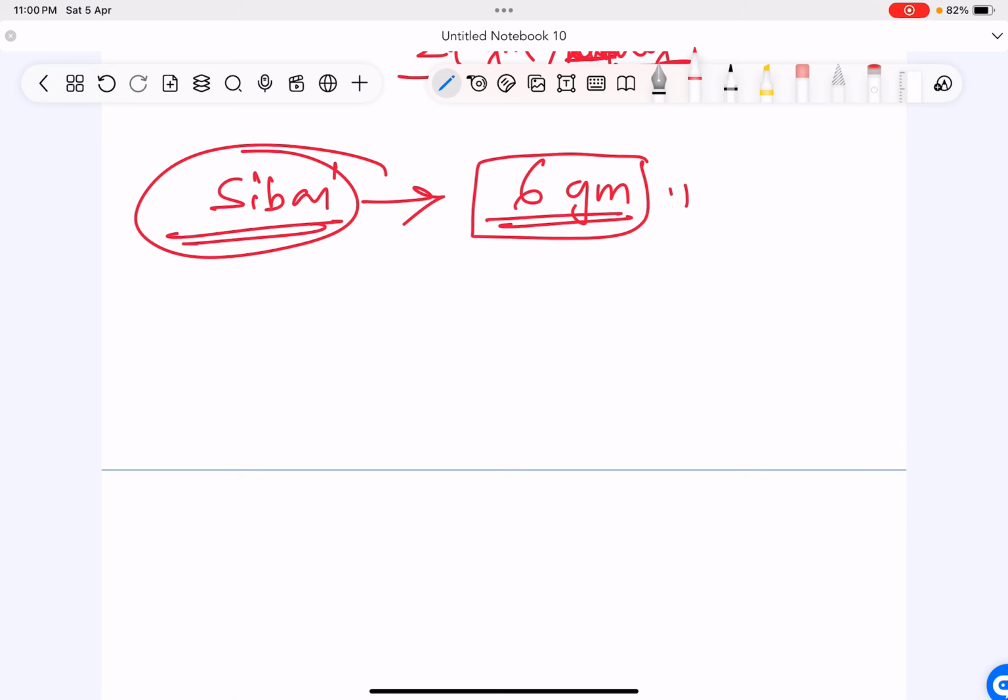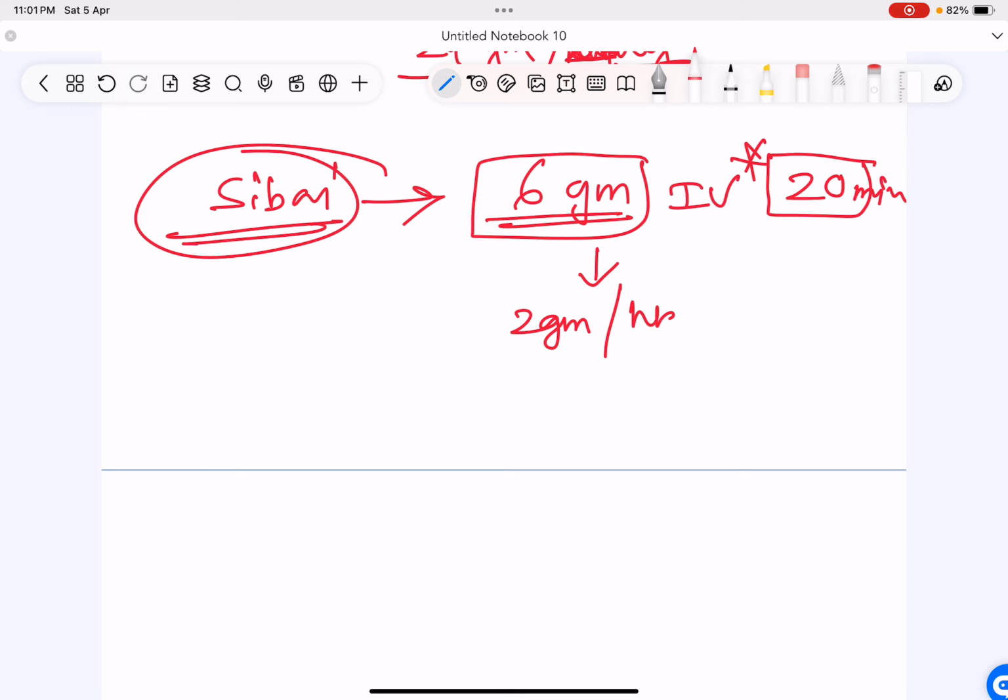So 4 gram IV we were giving over 10 minutes, but 6 gram IV we will give over 20 minutes, and then we will give 2 gram per hour IV infusion. So it is a higher dose of Zuspan.